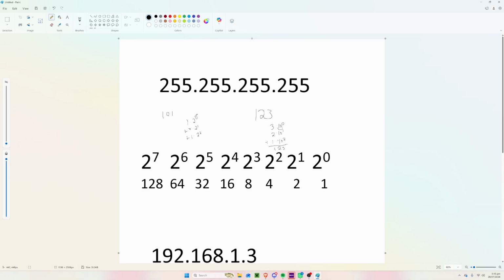If we add these together, the first is equal to 1, this is equal to 1 times 4, and we add them together, we get 5. So this number in decimal, when this is in binary, is equal to 5.